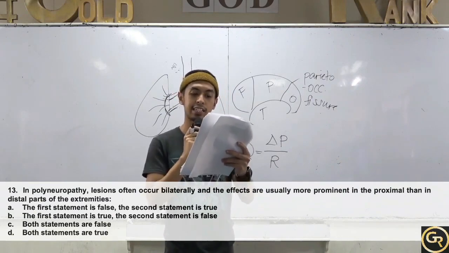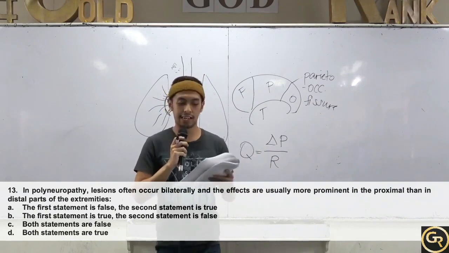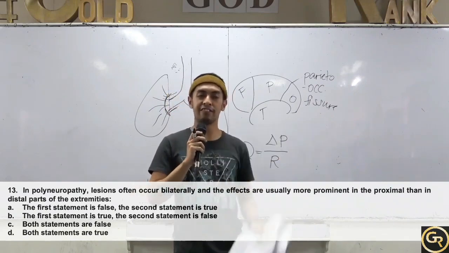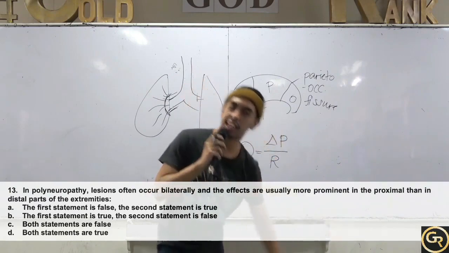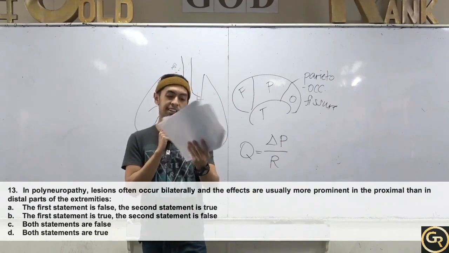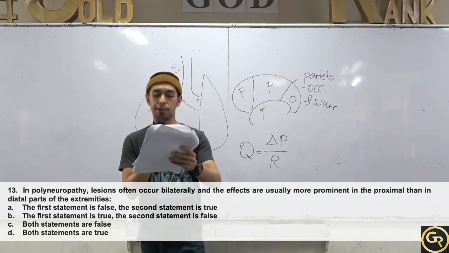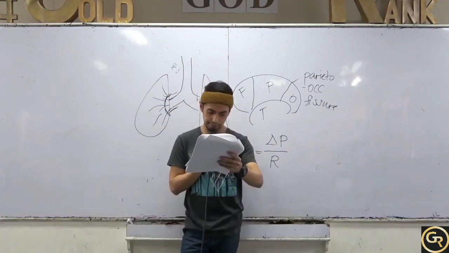It usually is more prominent in the distal parts of your extremity. The distal comes before the proximal. So for number 13, it's letter B. The first statement is true, the second statement is false.